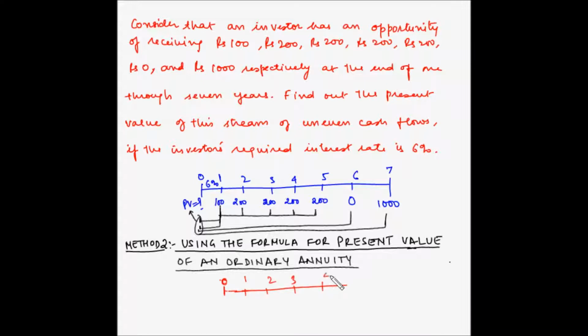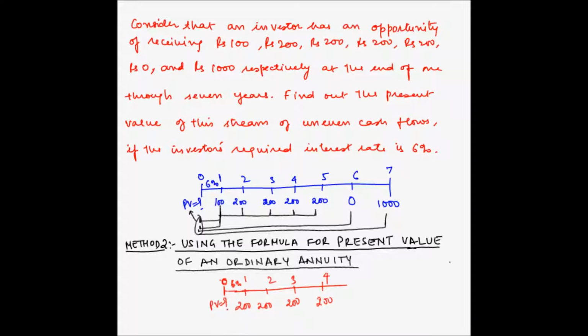So this 1 is representing this 2 here, this 2 is representing this 3, 3 is representing this 4 and so on. Now at the end of each year the cash flow is 200, 200 and 200. The rate of interest is 6%. We have to find out what is the present value.